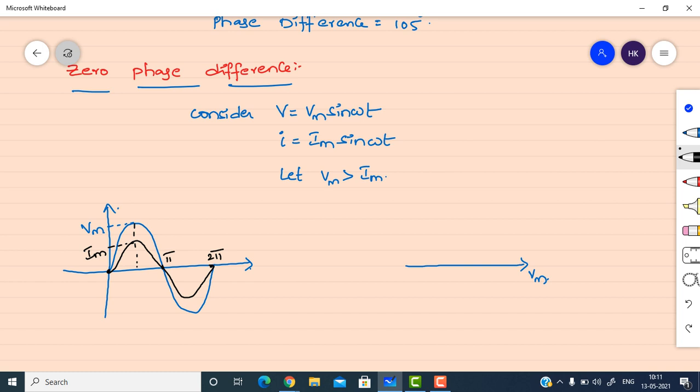It's not lagging and it's not leading. There is no phase angle difference between the voltage and current. The phase angle difference is 0. So on the same line as the voltage phasor, you have to draw the current phasor, but the length of the current phasor must be less than the voltage phasor. So this is your current phasor and this is your voltage phasor, and this is called zero phase difference, or these two, voltage and current, are said to be in phase with each other.